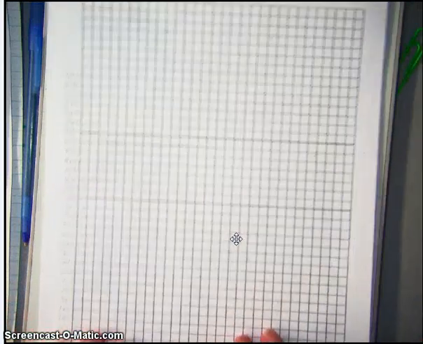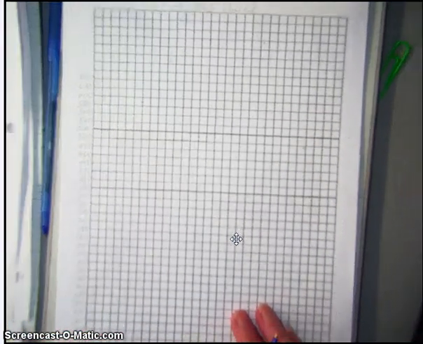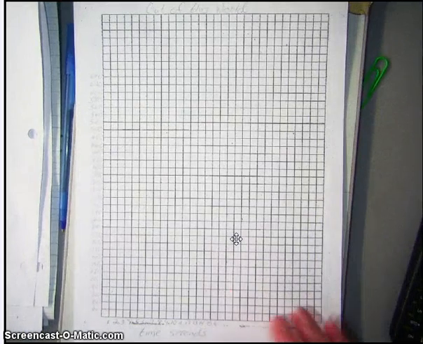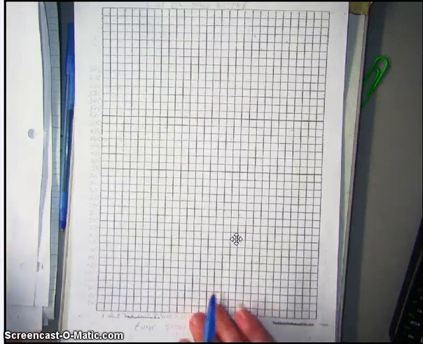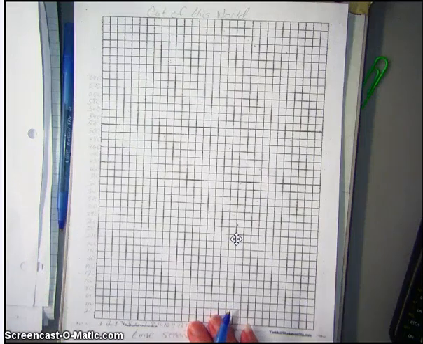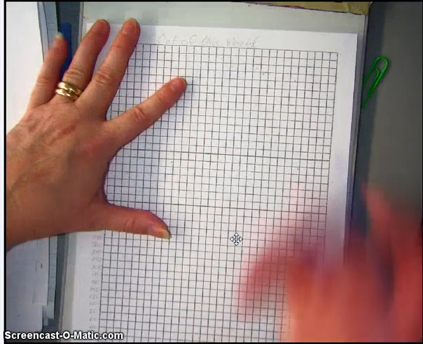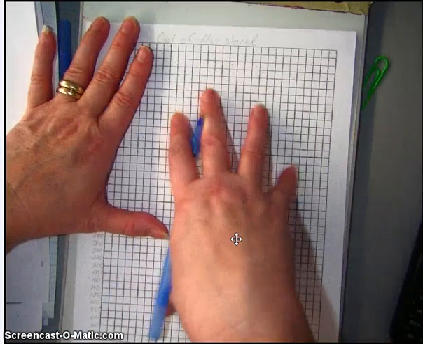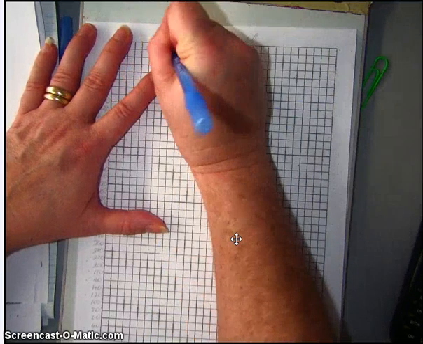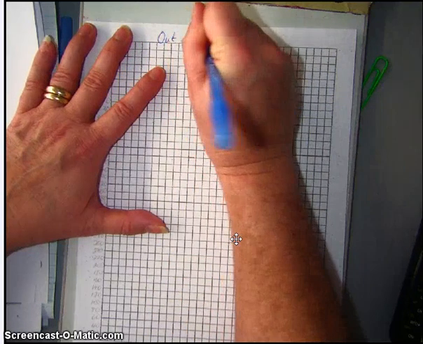Now I've done some work to try and figure out how we are going to be able to fit all 3 of these planets on the graph paper, and I've come up with some suggestions about how to label your axes, okay? So first of all, I'm holding it in portrait form, not in landscape, okay? I'm labeling this Out of This World. That's the name of the project.